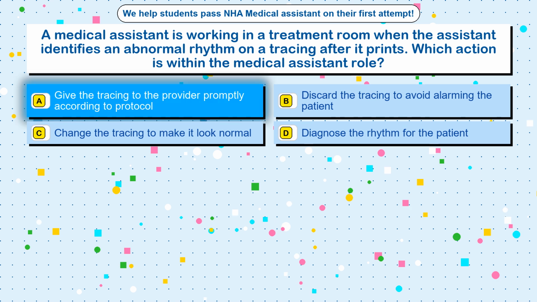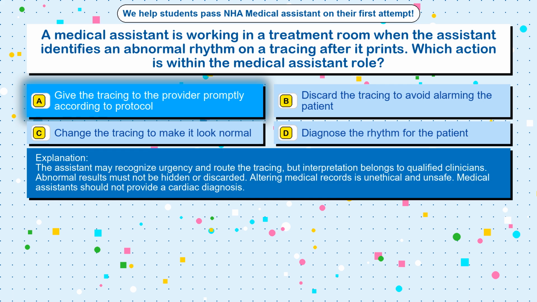The correct answer is option A. The assistant may recognize urgency and route the tracing, but interpretation belongs to qualified clinicians. Abnormal results must not be hidden or discarded. Altering medical records is unethical and unsafe. Medical assistants should not provide a cardiac diagnosis.